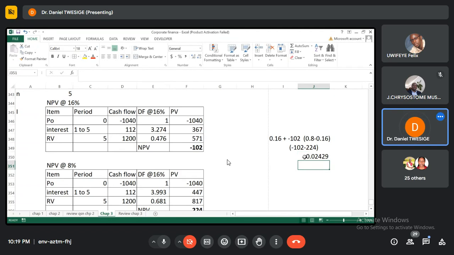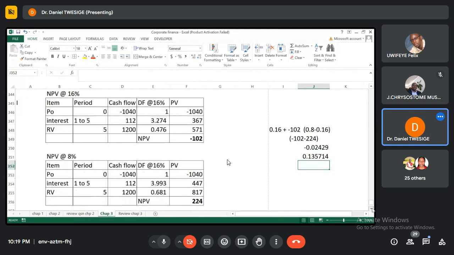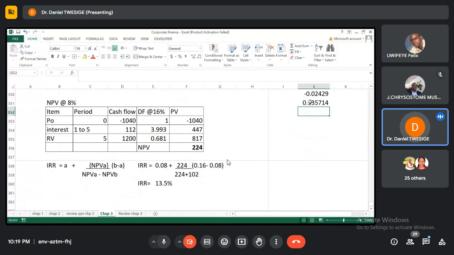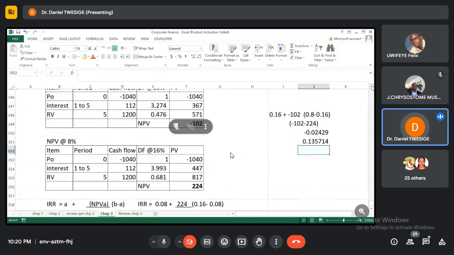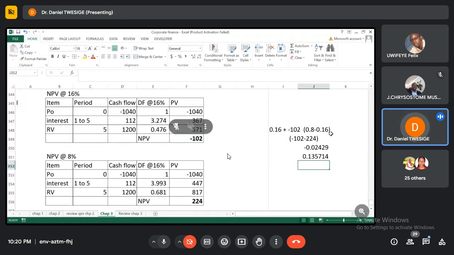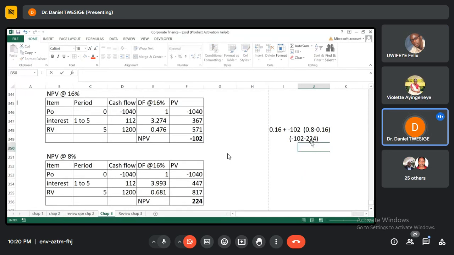And if I get 0.16 plus this, isn't it like that? Here we had 13.5. What do you have here? It's the same. So you can use whatever is clear for you. What I'm emphasizing is that you should be able to know how to play with your signs. Yes, you get the same answer.